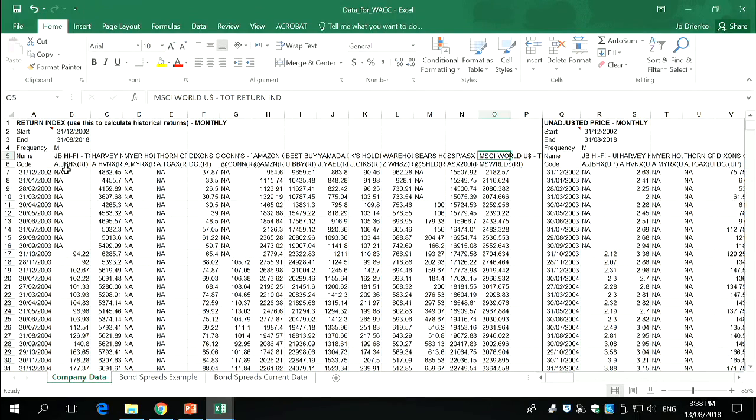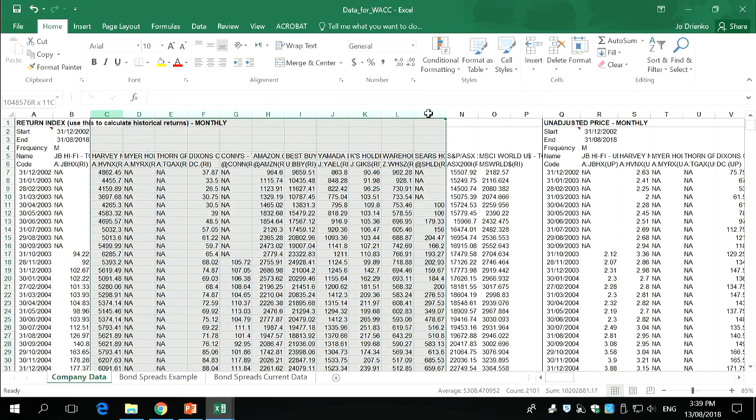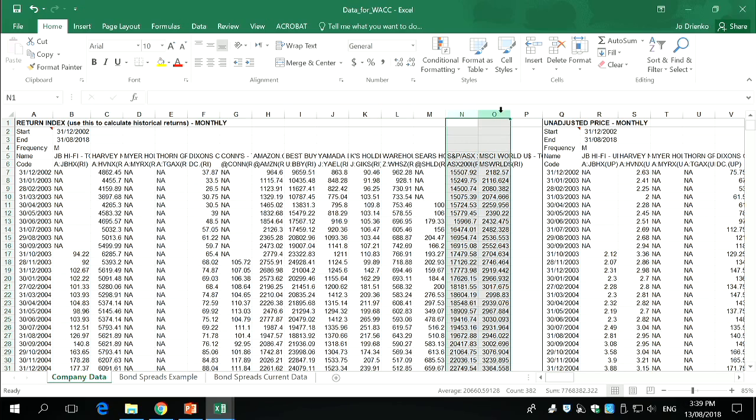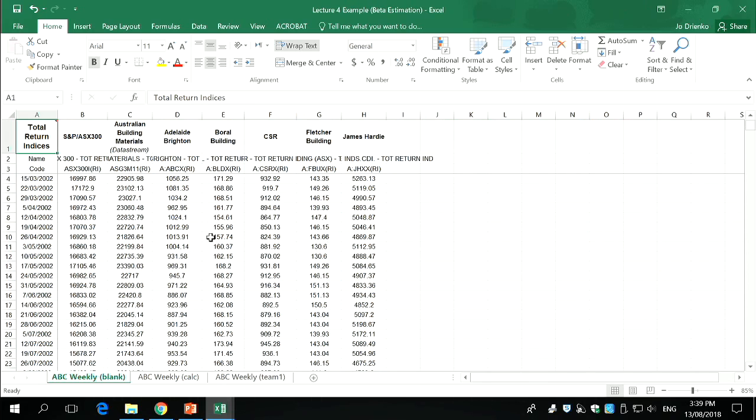You get a big list for JBH, Harvey Norman, Myer, TGA, Dixons, Amazon, Best Buy, a lot of companies, not just JB Hi-Fi. Also comparable companies, competitors, that operate the same business model. And then the index, the market portfolio, either the 200 or the World MSCI index. So you get the data like this.